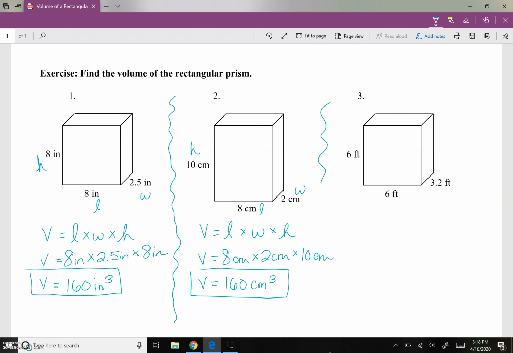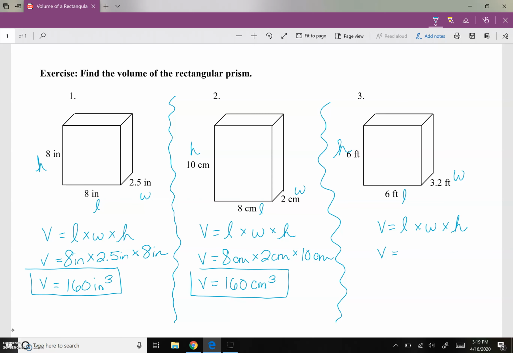For our third example, let's start with our equation again, and label our measurements: length, width, and height. And we'll plug those in.